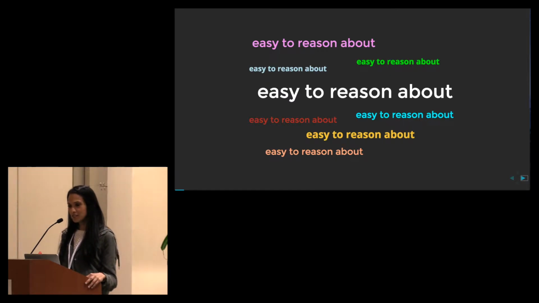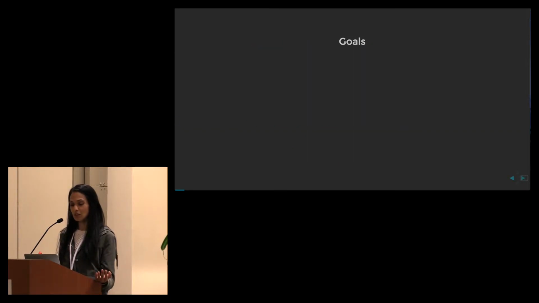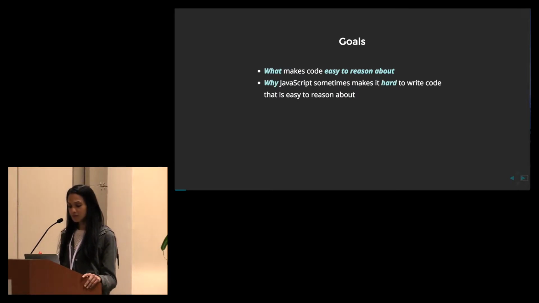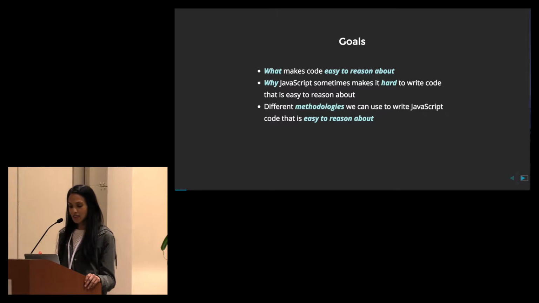So I did a mental exploration, and I'm going to talk about what I came out with in terms of what it means to reason about code. The goals for this talk are to talk about what makes code easy to reason about, why JavaScript sometimes makes it hard to write code that's easy to reason about, and then the different methodologies and building blocks that we can use to write JavaScript code that's easy to reason about.